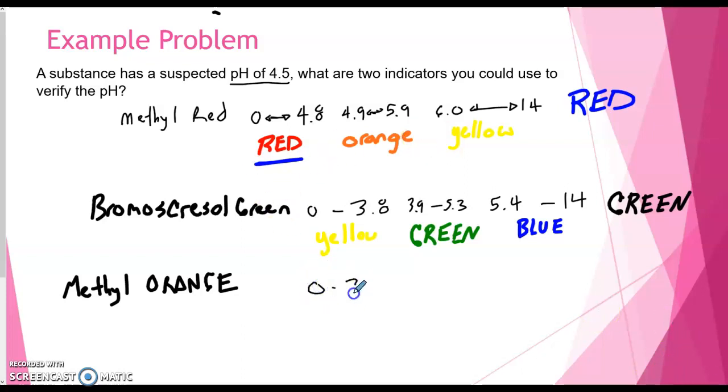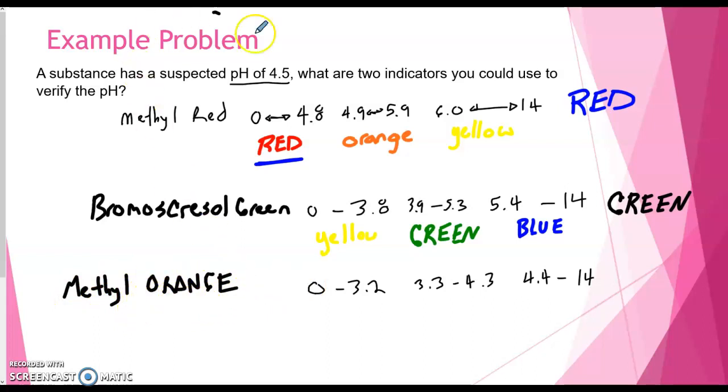So from 0 to 3.2, and then 3.3 to 4.4, here are the different ranges we can get from this. Methyl orange will say the range and it'll tell us the colors.